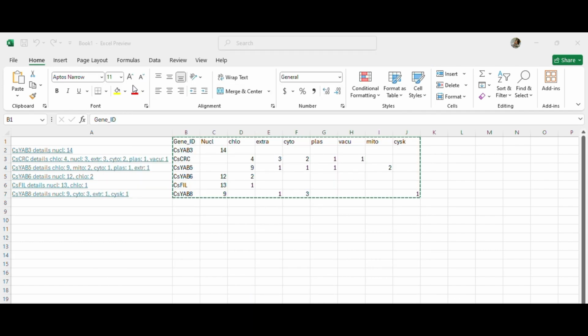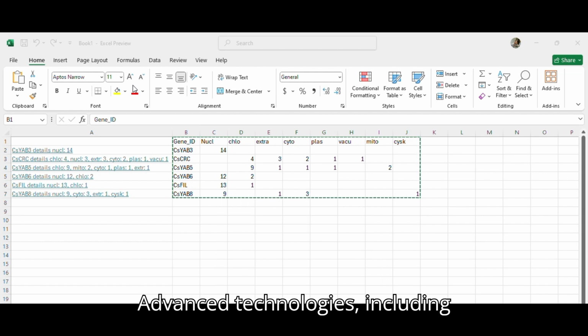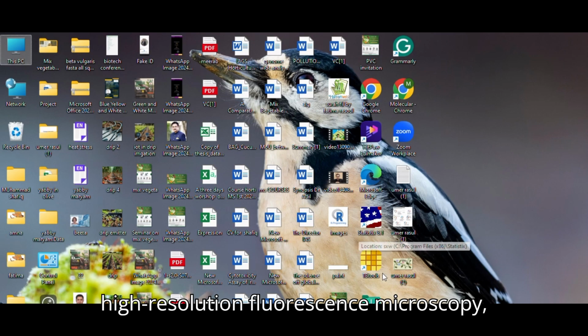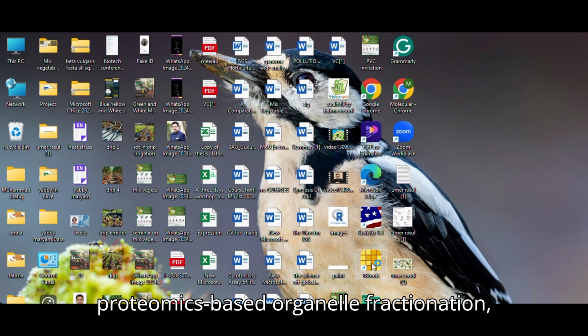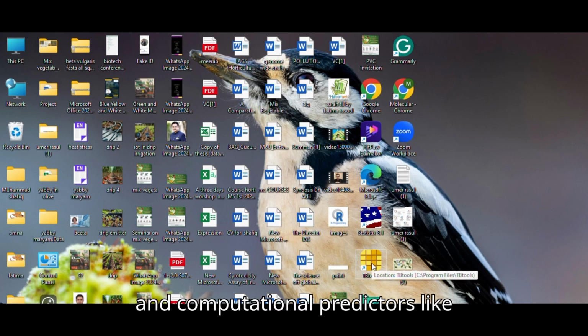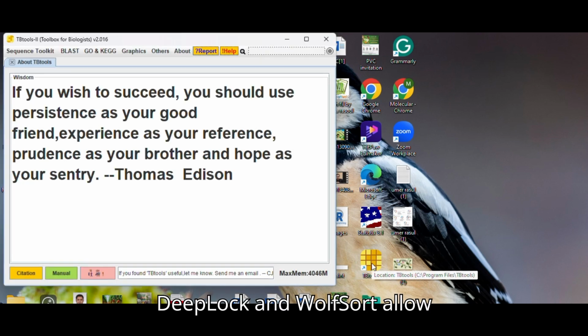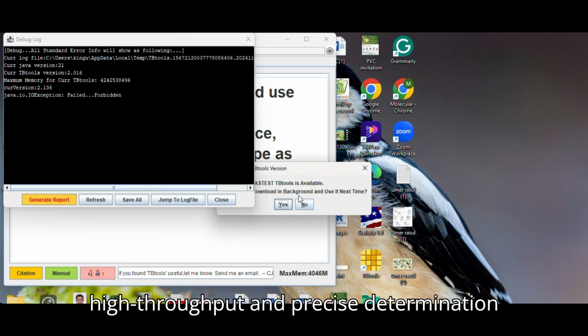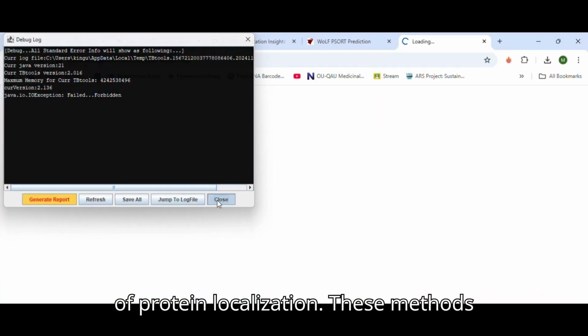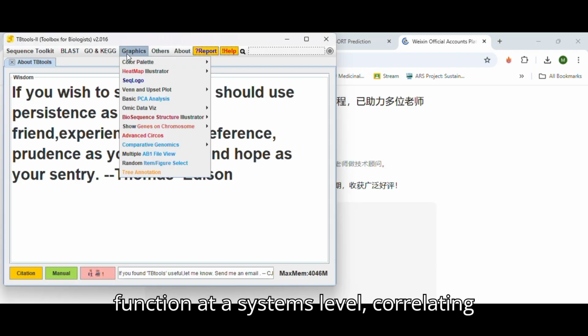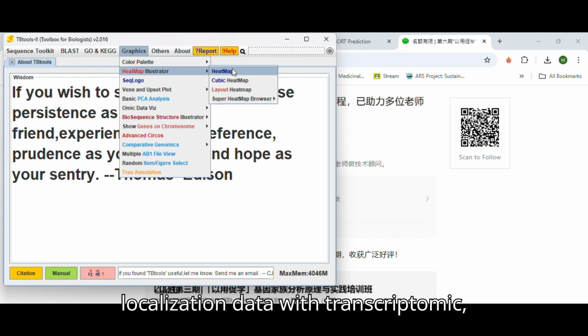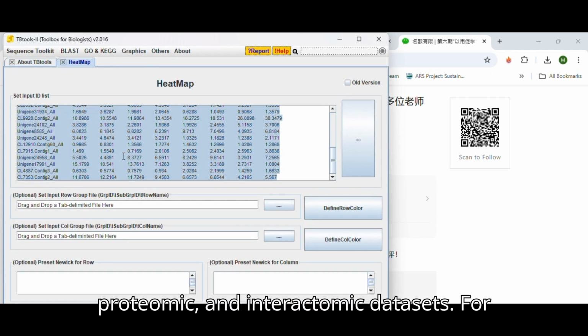Advanced technologies, including high-resolution fluorescence microscopy, proteomics-based organelle fractionation, and computational predictors like DeepLoc and WolfSort, allow high-throughput and precise determination of protein localization. These methods enable researchers to analyze gene function at a systems level, correlating localization data with transcriptomic, proteomic, and interactomic datasets.